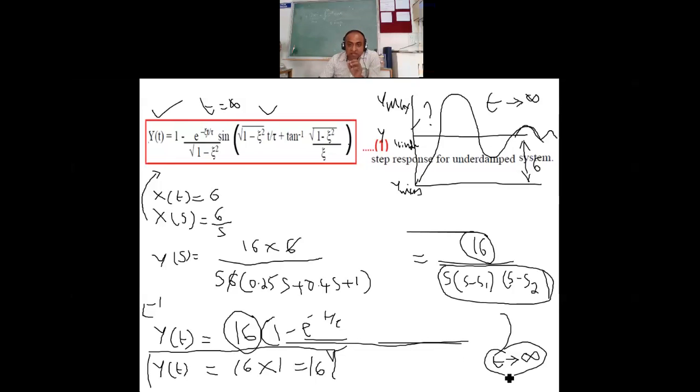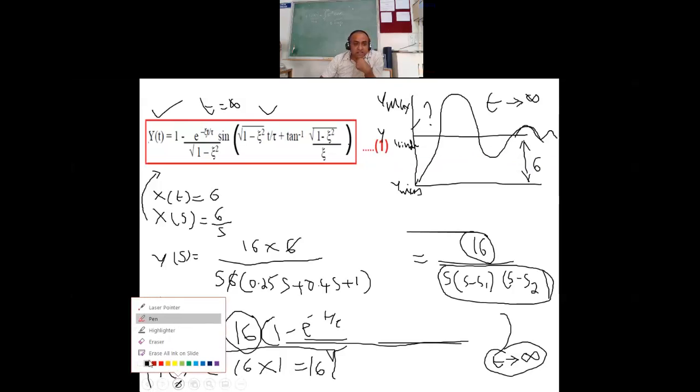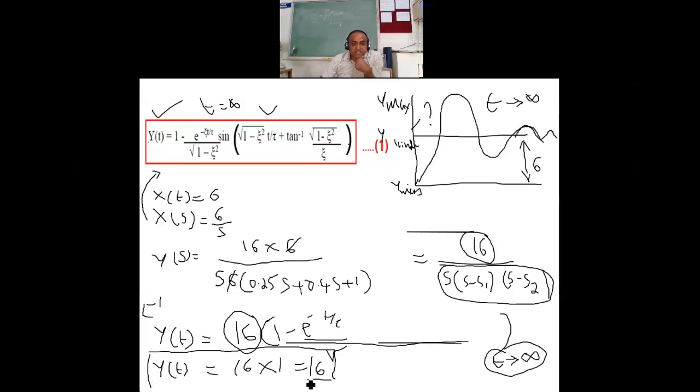If I substitute t tending to infinity in that, you get 1, correct. So 1 multiplied by 16, then only you will get 16. So your final answer, y of t, it is 16. So 16 is your ultimate value.